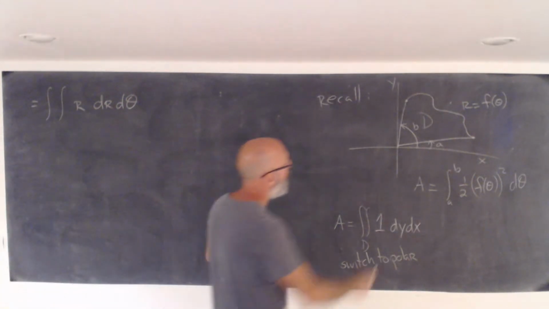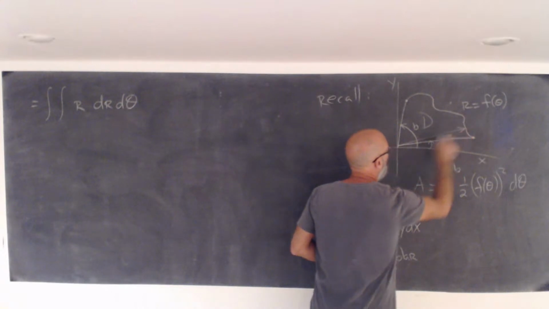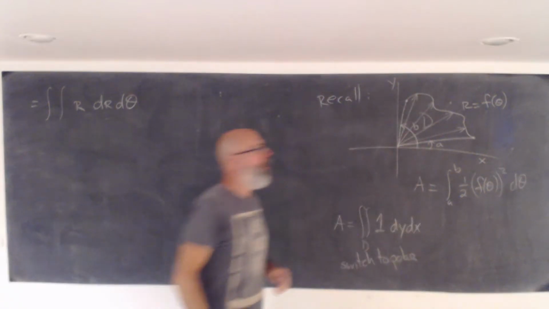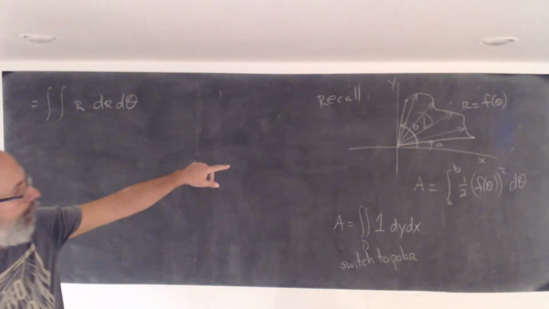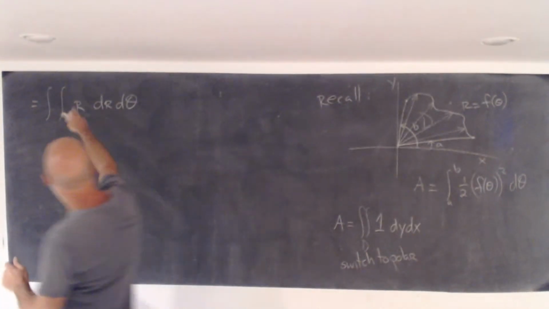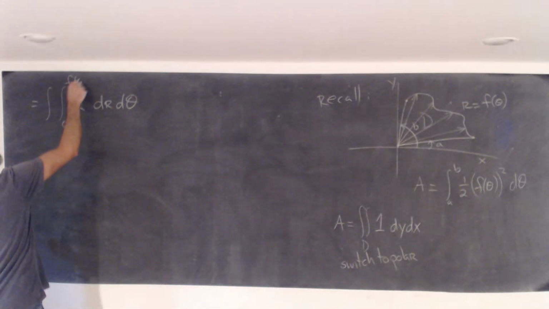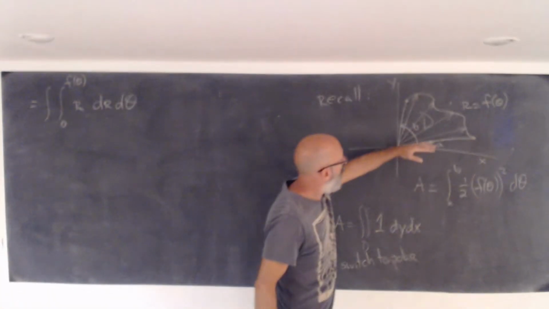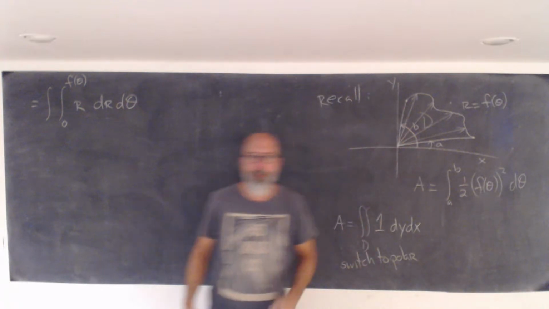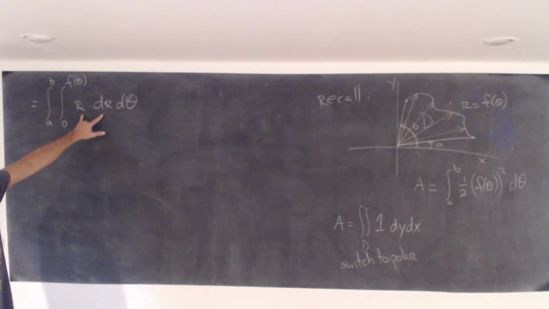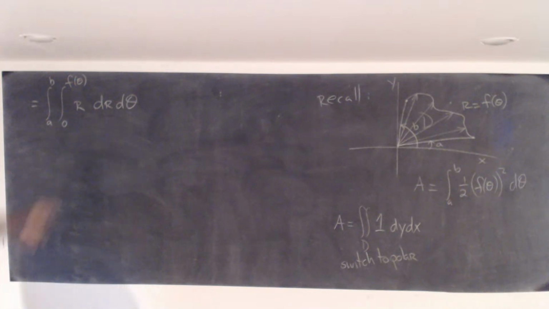How does r vary? R goes from the origin to your function. So r goes from 0 to your function. What about theta? Theta goes from A to B. Let's integrate. You can integrate with respect to r, and what do you get?